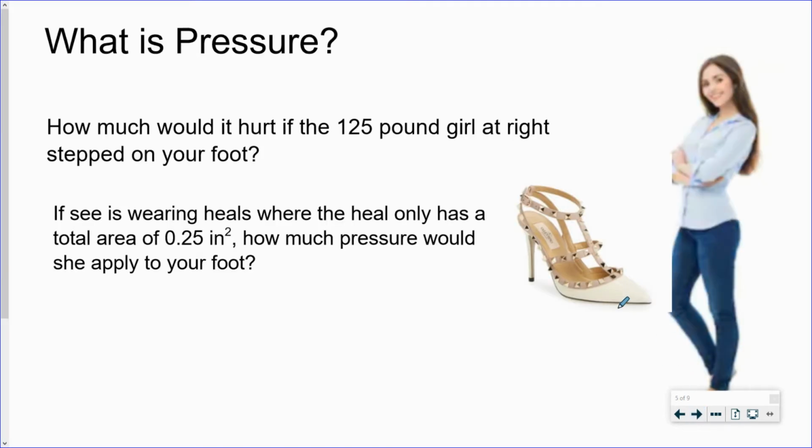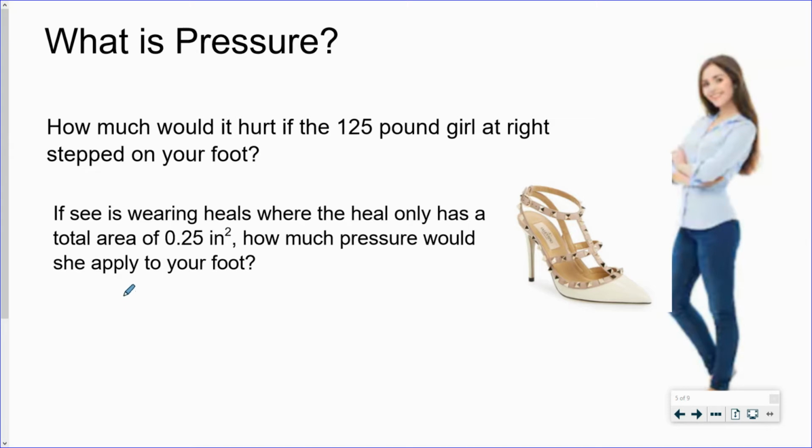Now, contrast that with if she steps on your foot wearing these spiked heels, which a buddy of mine had happen. His date for homecoming stepped on his foot while they were taking pictures. She stepped on his big toe with the spike of her heel.